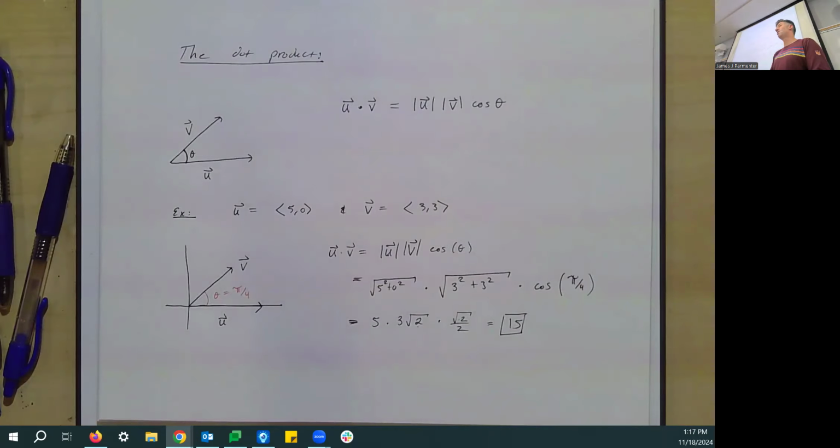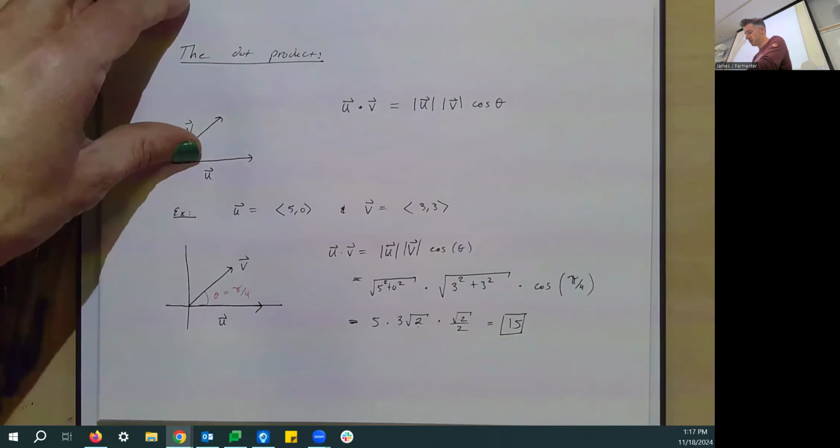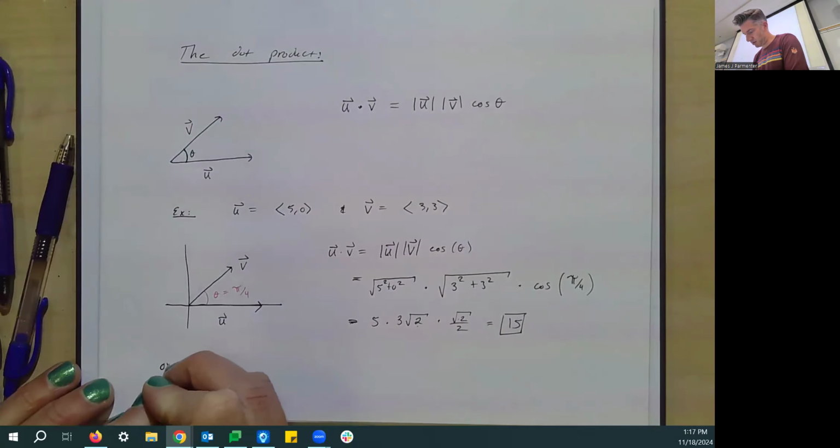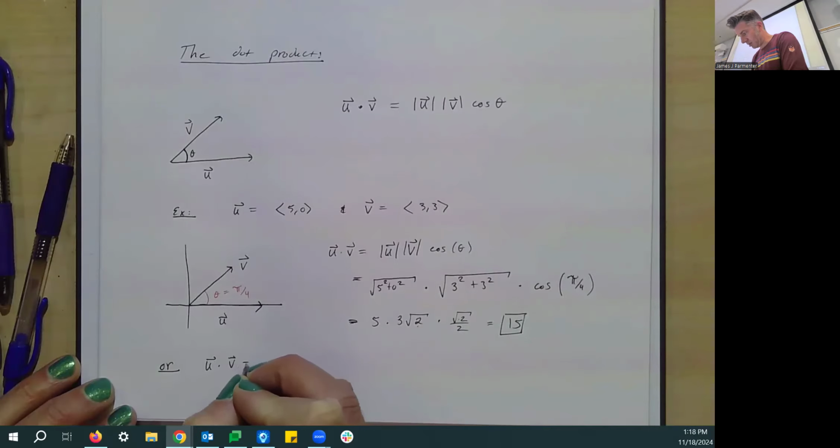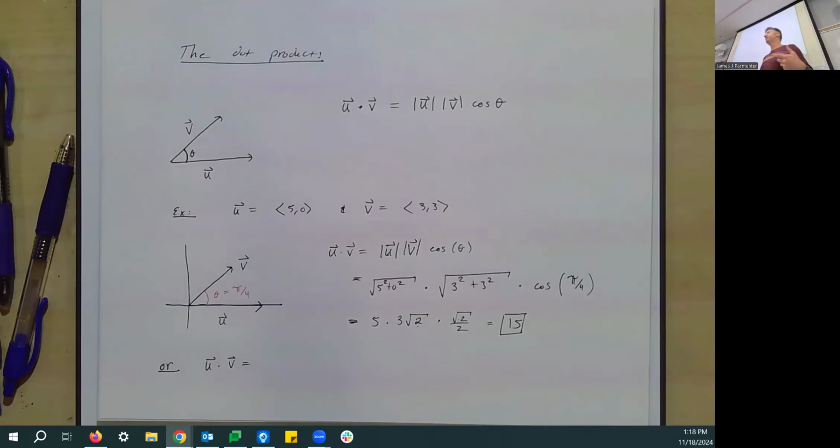Or you could do it the usual way. The length times the cosine of the angle between them is the actual definition of the dot product.